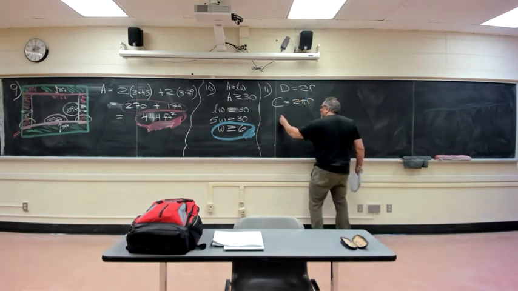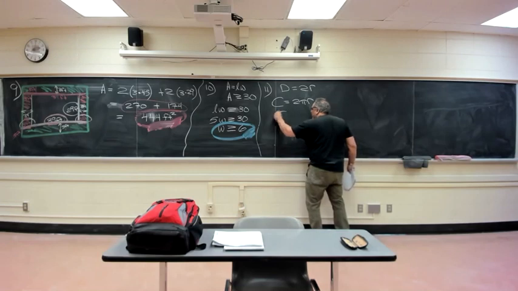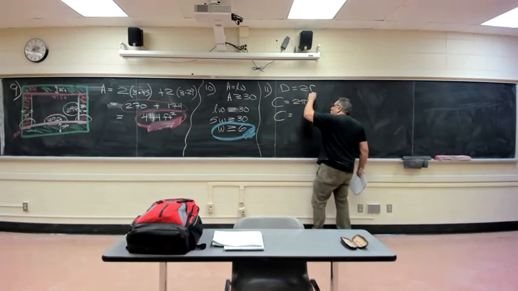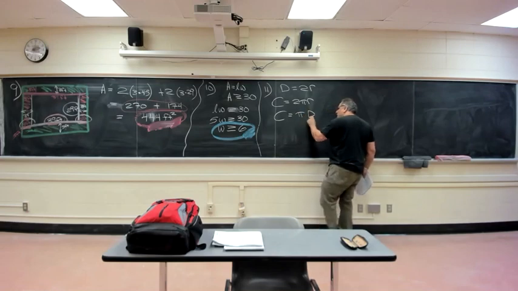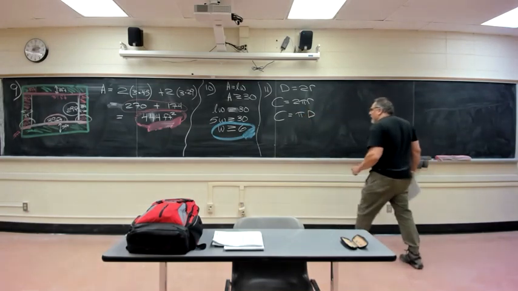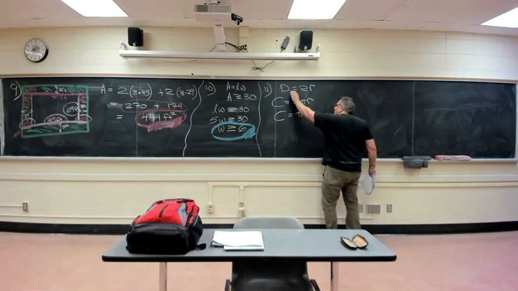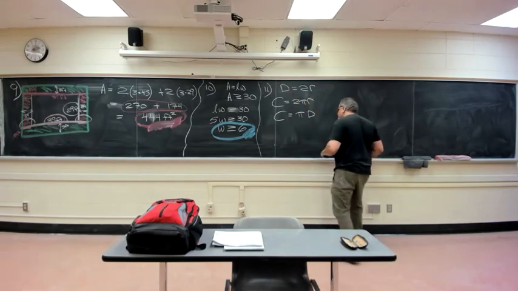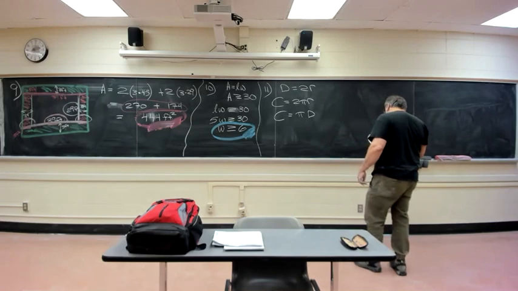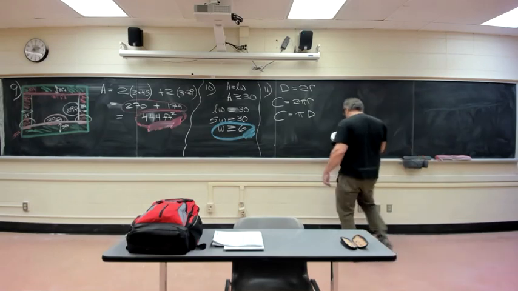It's also pi times the diameter, because 2 times r gives you the diameter. These are the same.